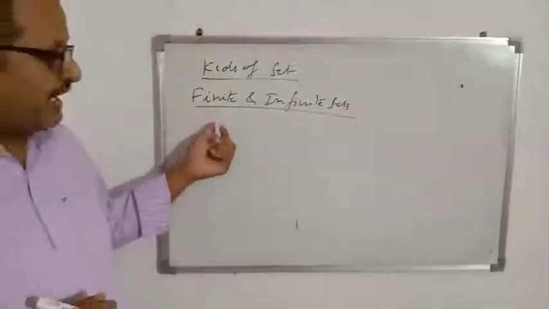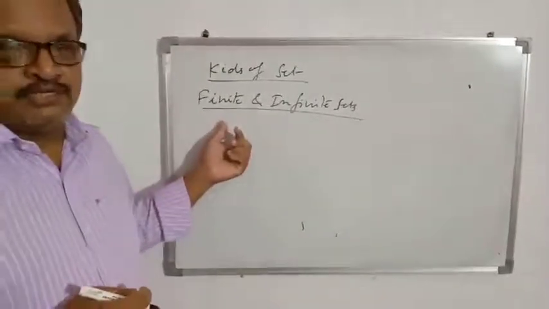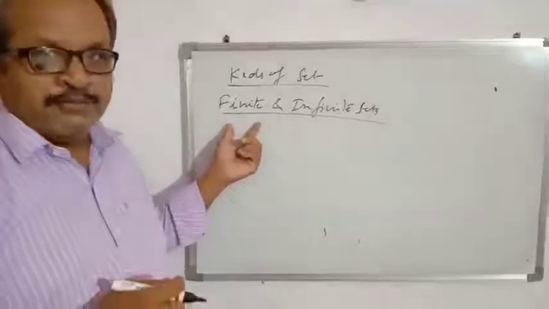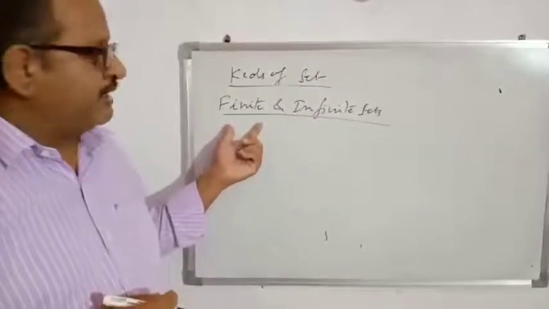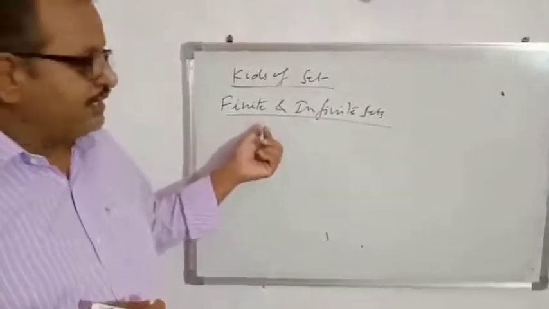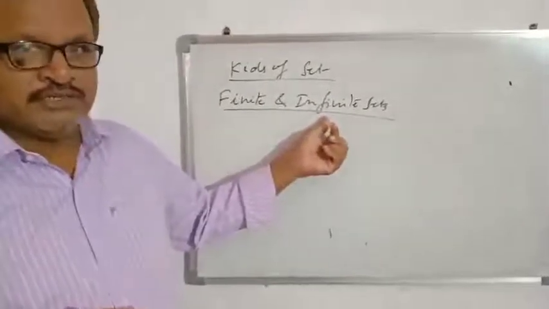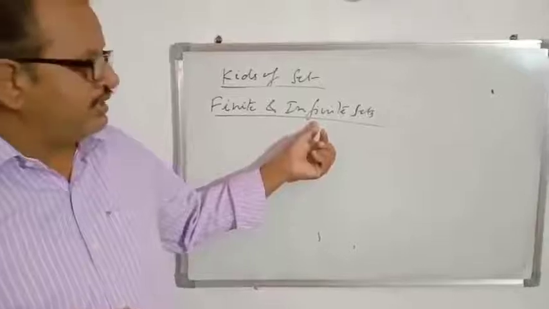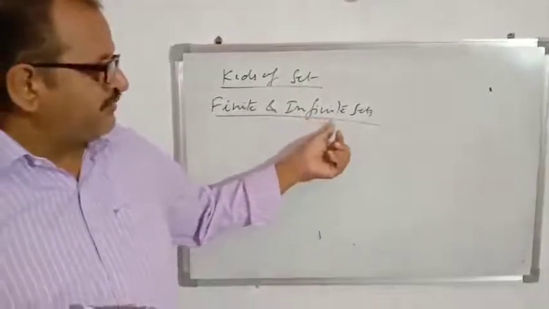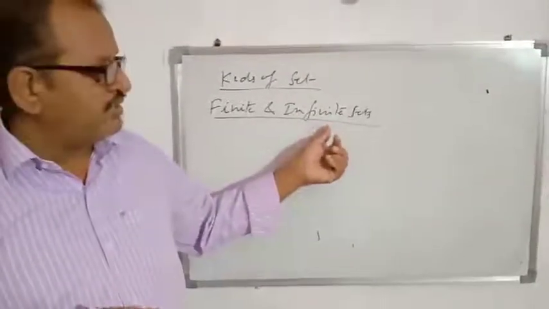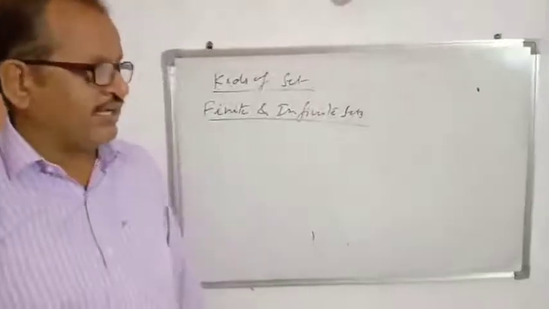A set having a countable number of elements, a limited number of elements, is called finite. And a set having an infinite number of members which cannot be counted is called infinite set.